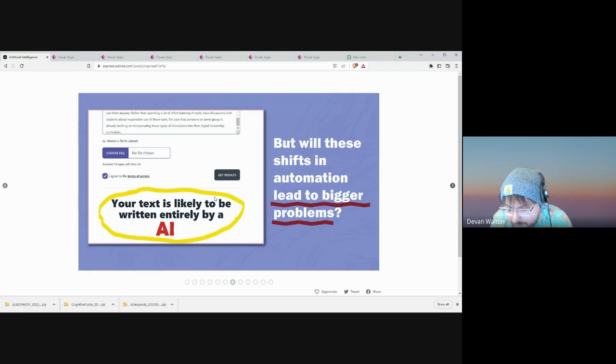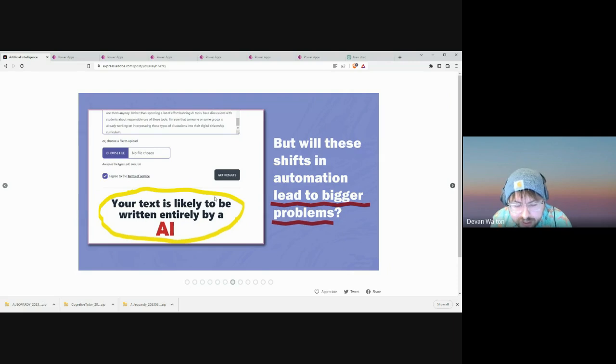And the tricky part with this is it is difficult to detect content generated by AI reliably. Now, there are tools out there that promise that they can do it with very high reliability and robustness, but they're not reliable across all different AI models.